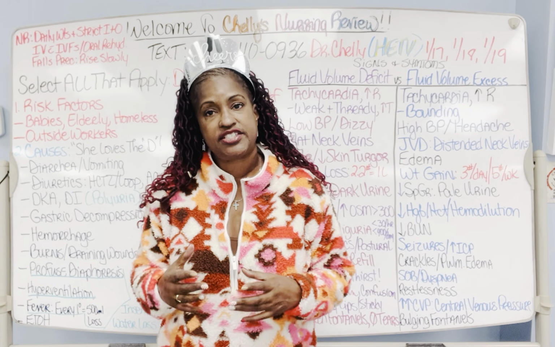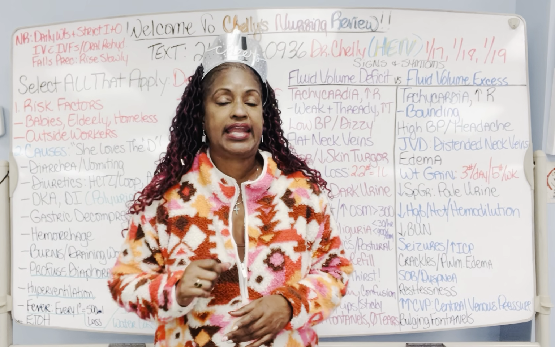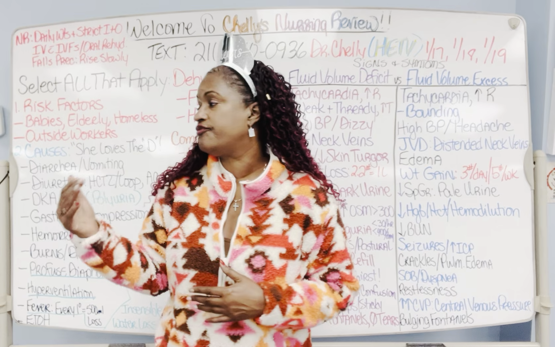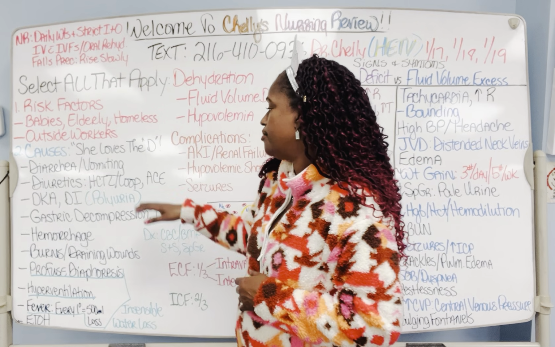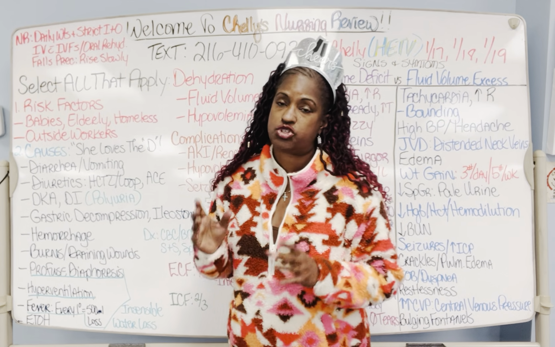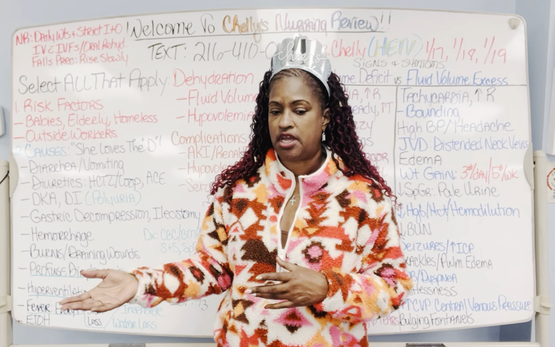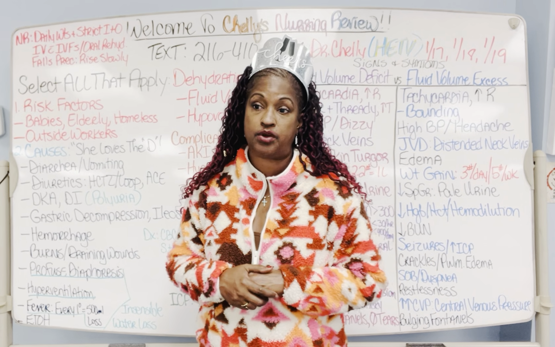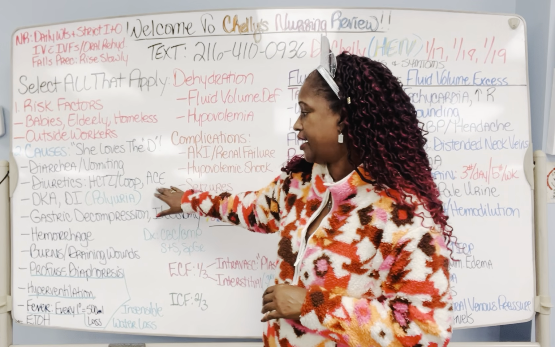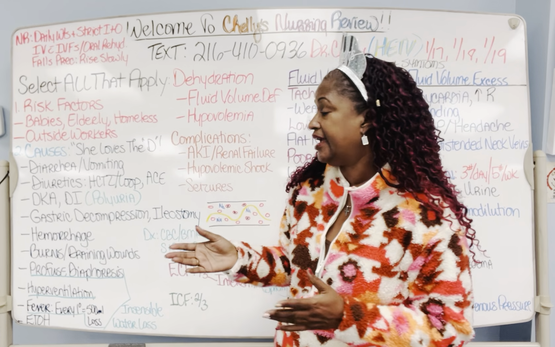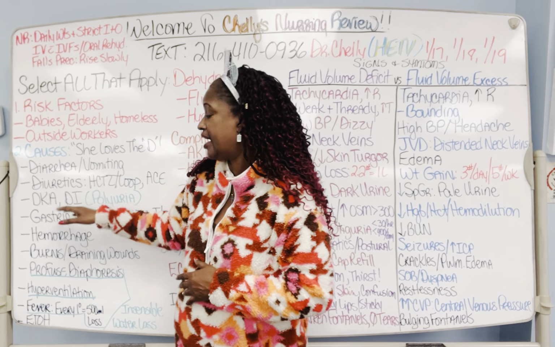So these diuretics and even laxatives can make our patient at higher risk for dehydration. Maybe even your ACE inhibitors to a lesser extent, just because they encourage the release of fluid after getting rid of the sodium. A lesser extent, a greater extent. Now, DKA and DI.